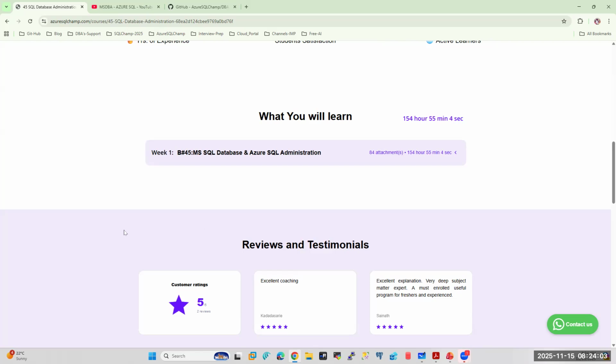That plan we are going to introduce from 2026 onwards, and this is the first batch that is going to gain the certificate from Azure SQL Champ.